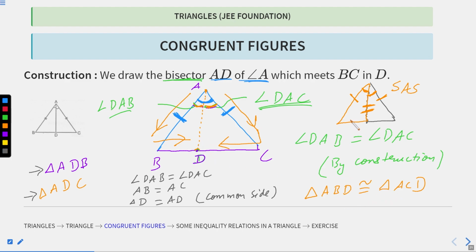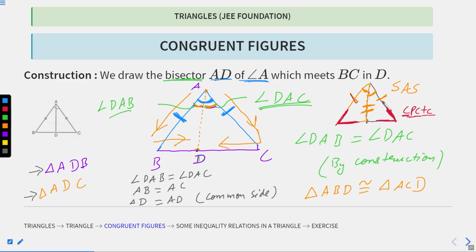Now it is just simple. If two triangles are congruent, then their corresponding parts must be equal to each other. This means the angle between this side and this side must be equal to the angle between this side and this side, because by CPCT, the corresponding parts of congruent triangles are congruent.